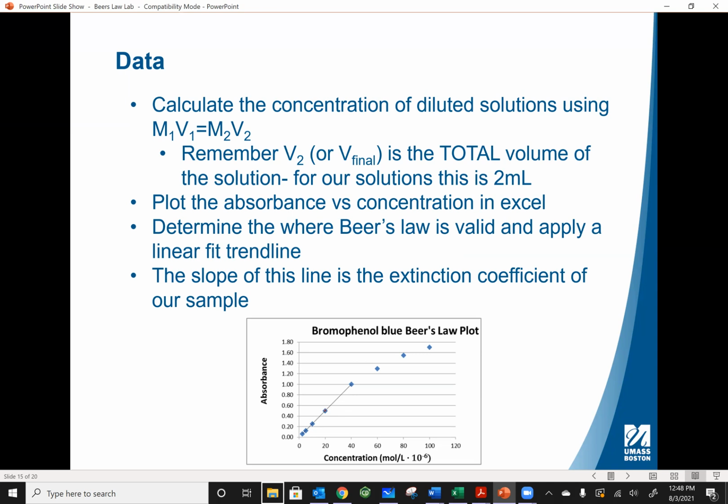So on the Beer's law plot, we are going to be finding the equation of the line on the linear portion in order to find the absorbance. Okay, so we will be plotting today in Excel. So hopefully you all have Excel.